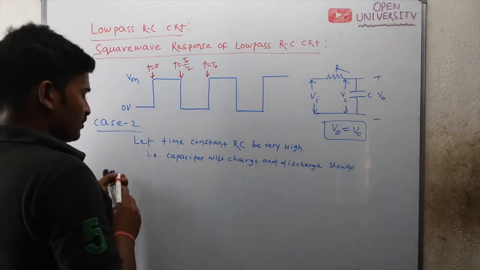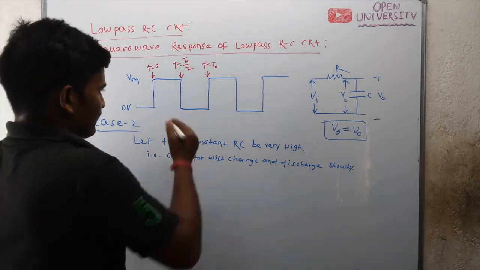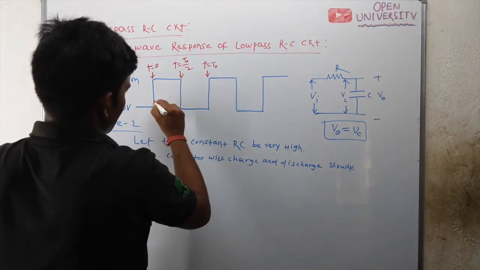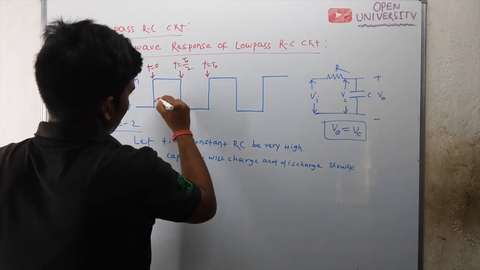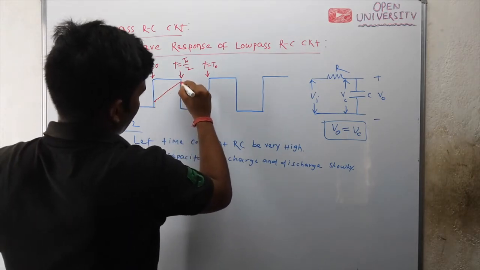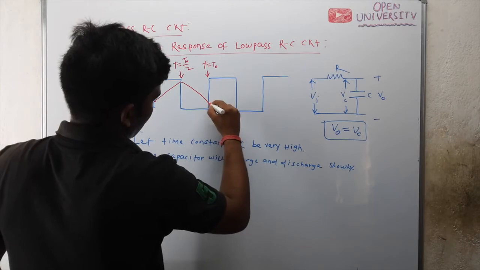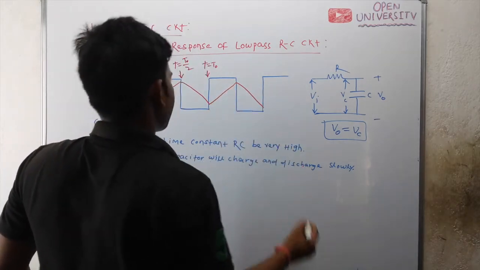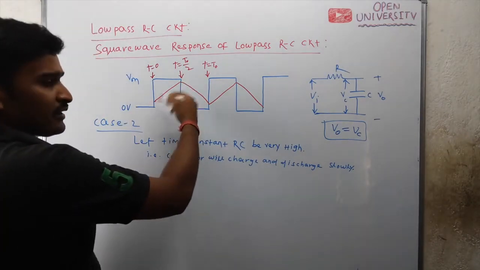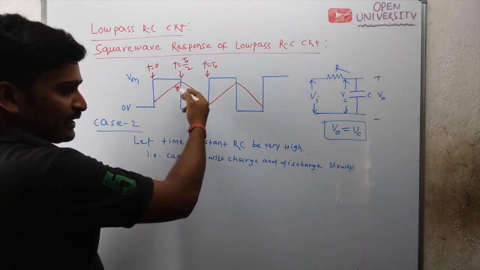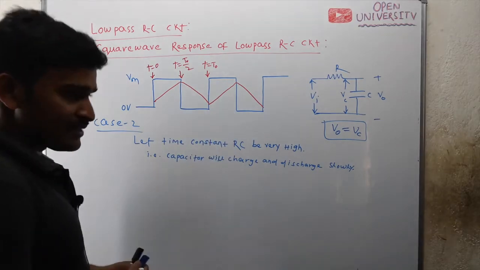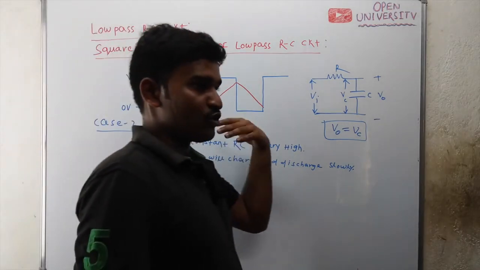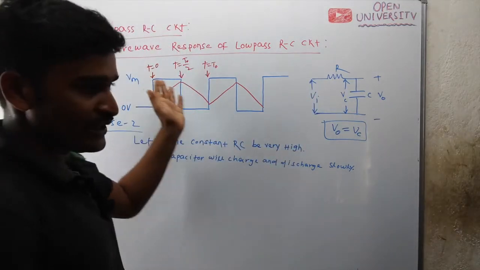So I will show you the output waveform directly, and the output waveform will be something like this. This is the output waveform. I am showing you linear way of increasing the capacitor voltage. When capacitor charges, it will charge exponentially.